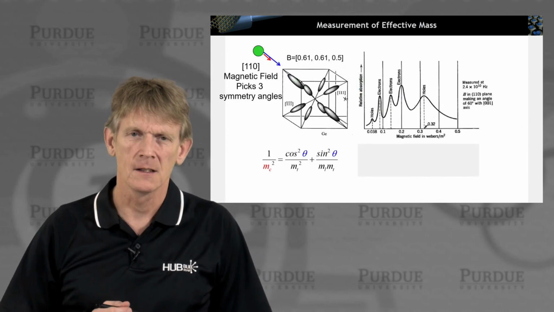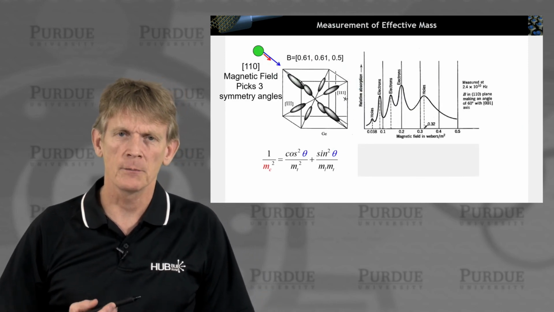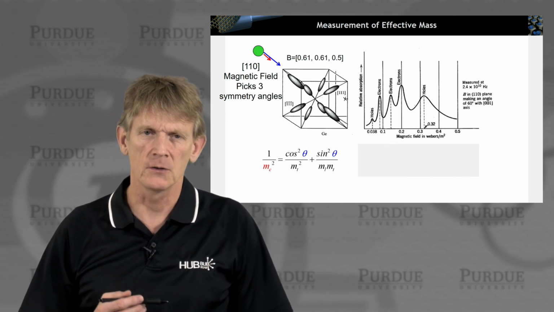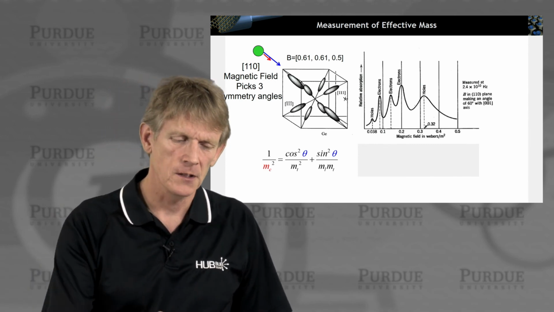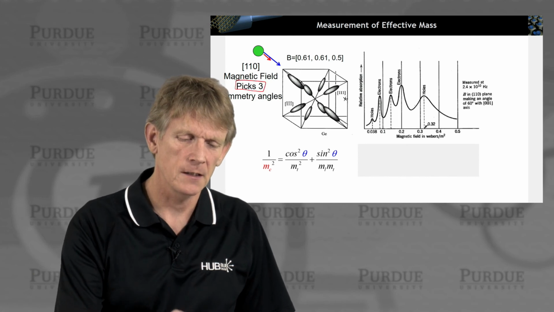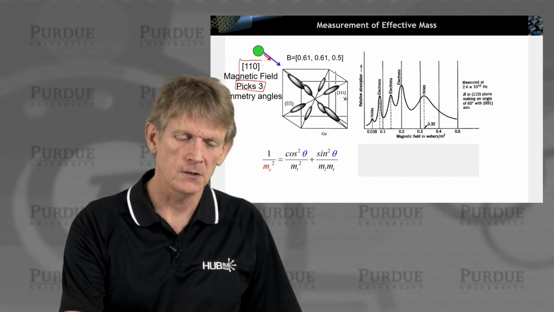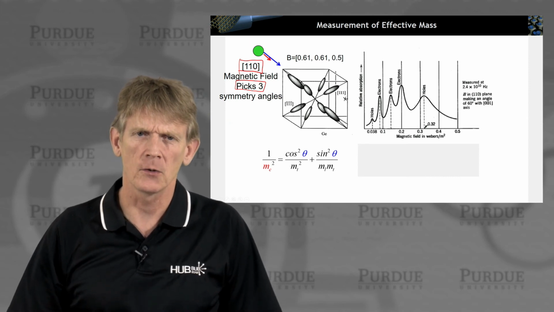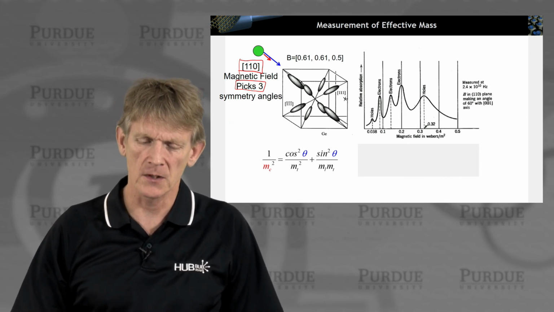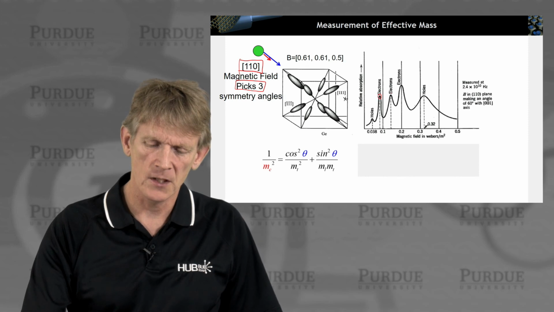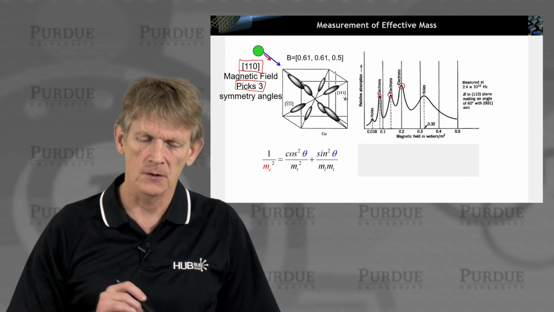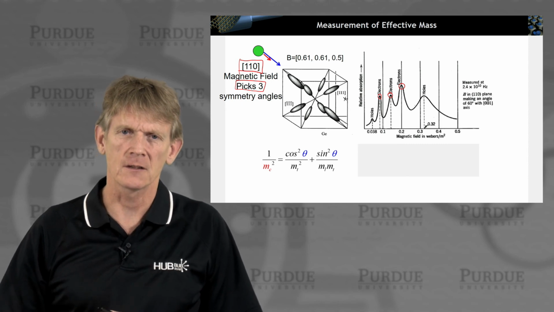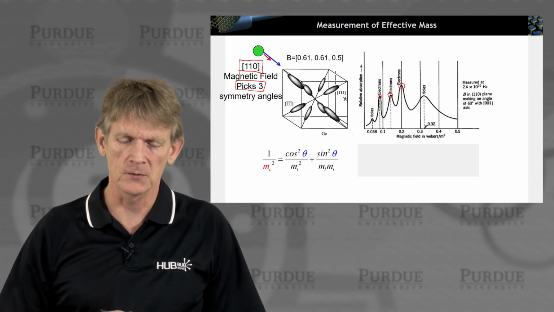And indeed, in experiments, people choose certain magnetic field directions that reduce the number of angles. So here, if you shine the magnetic field at a specific angle here of 110, you reduce the number of critical angles to 3, and people measure indeed 3 peaks for electrons that are being identified, and you can derive the effective mass of these 3 ellipsoids.